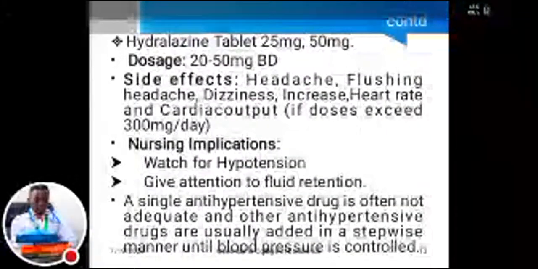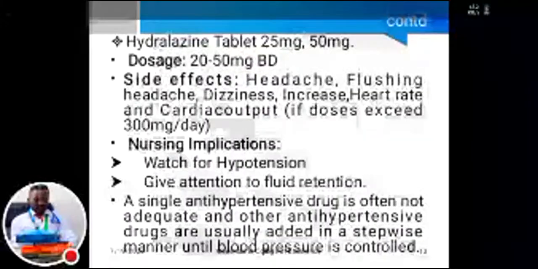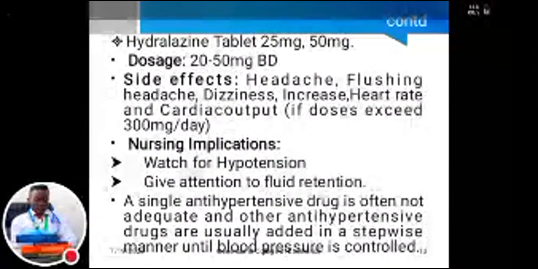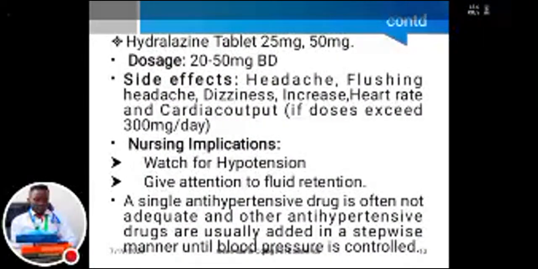Then the other drug we have is hydralazine. So we have hydralazine tablets. You can give 25 milligrams as well as 50 milligrams. The dosage you can give is 20 to 50 milligrams, 2 times daily.